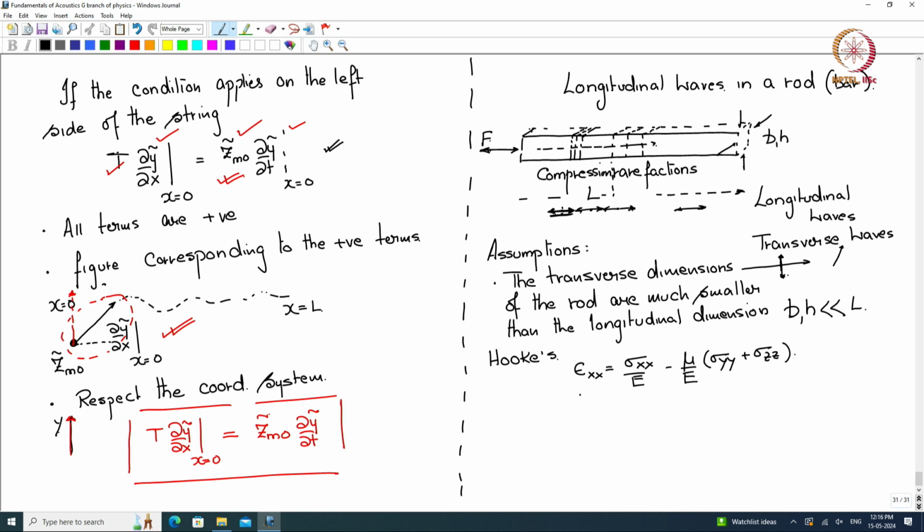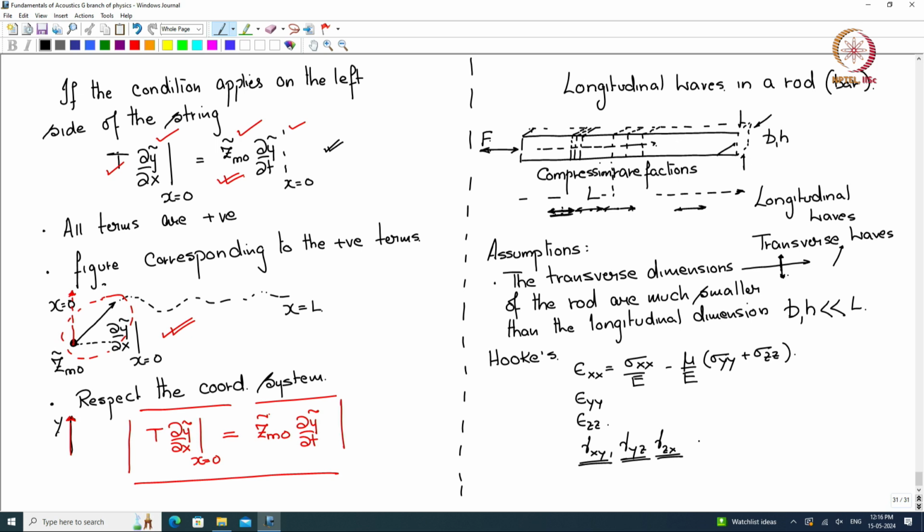And similarly we have epsilon yy and epsilon zz, and we have gamma xy, gamma yz, gamma zx, etc. So right away there is no shear in the bar. There is no shear in any direction.